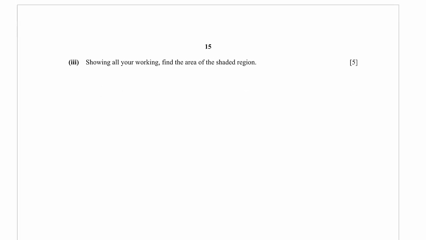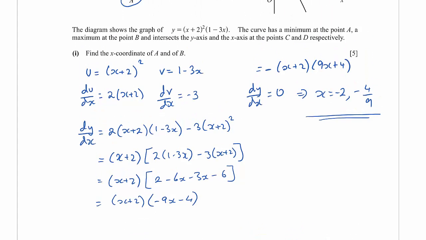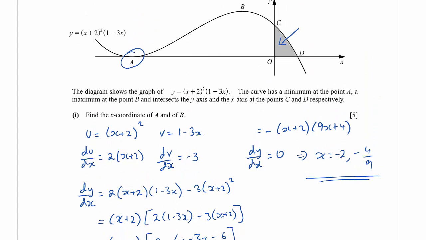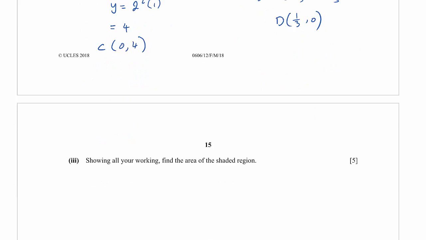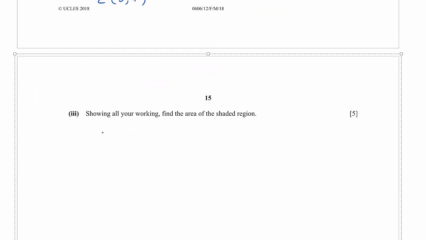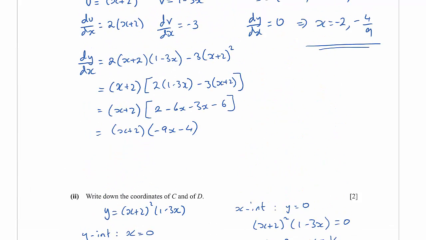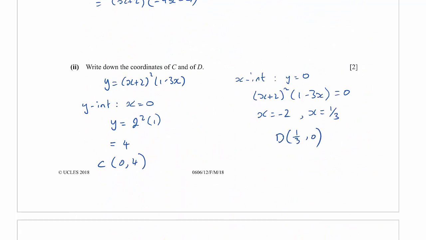So we want the area now of the shaded region. So that's this region just here, which is the area under the curve from x equals 0 to x equals 1/3. So we're going to have the integral from 0 to 1/3 of (x plus 2) all squared, (1 minus 3x).